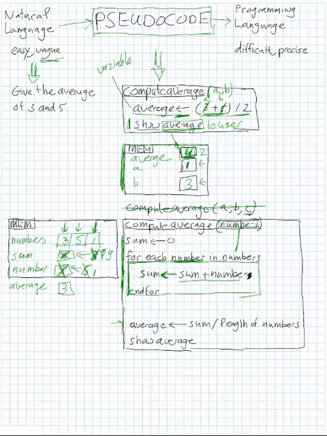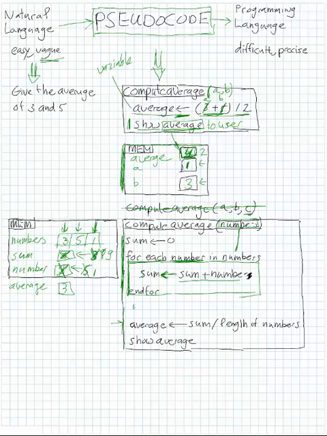What we can do is check, once the algorithm is finished, once the for loop is finished, for instance, we can check if the number of numbers is 0. And we can do this by using the if.